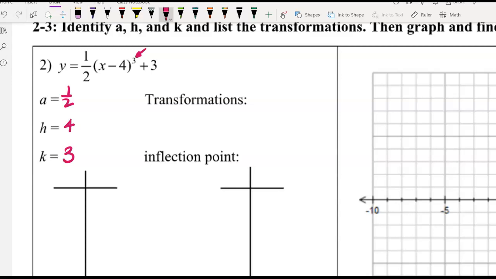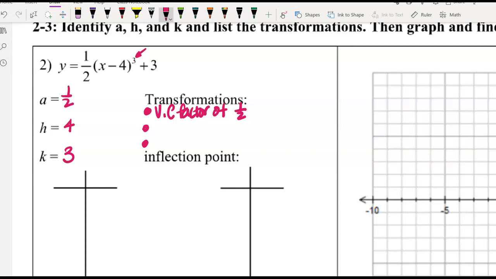With those three, we can state the transformation right away. I want you guys to make sure you are clear on the transformation. You're going to have 3 transformations. Since A is positive, a half is going to be a vertical compression by a factor of a half. So all the y values from the parent function are going to be half as large.